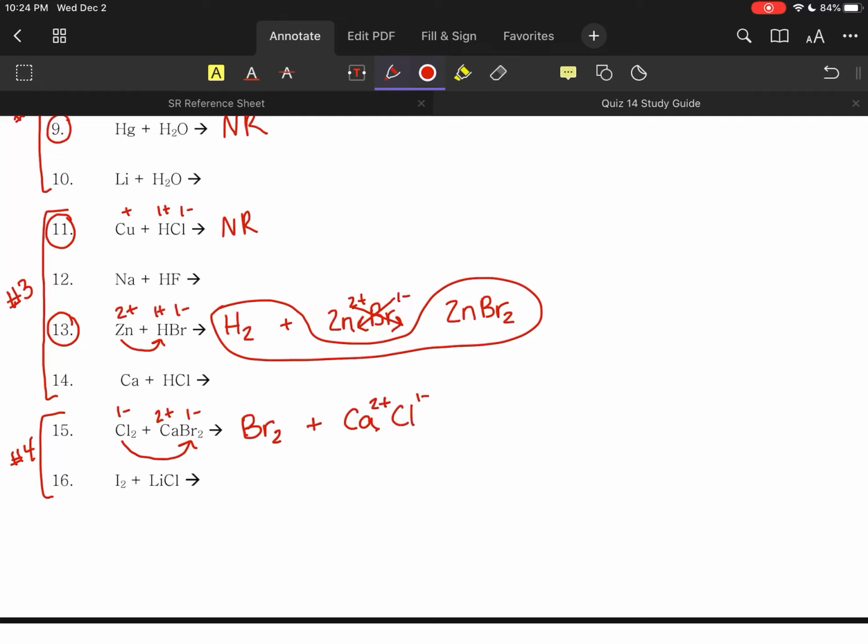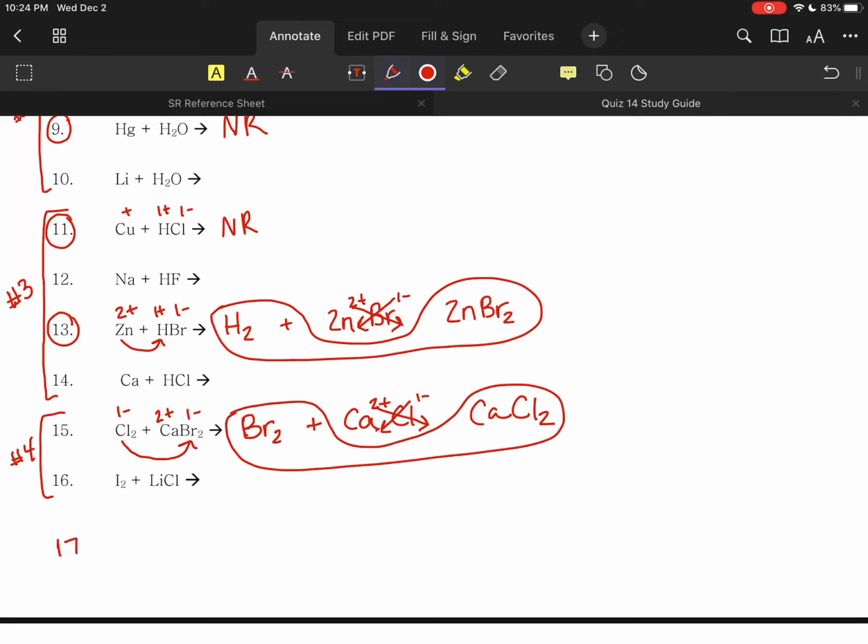So I want to make sure I put it in the same spot that the bromine was. So that means in my formula, the 1 is going to crisscross down to be invisible. And then chlorine, the 2 is going to crisscross down at the bottom. So my answer is right here.